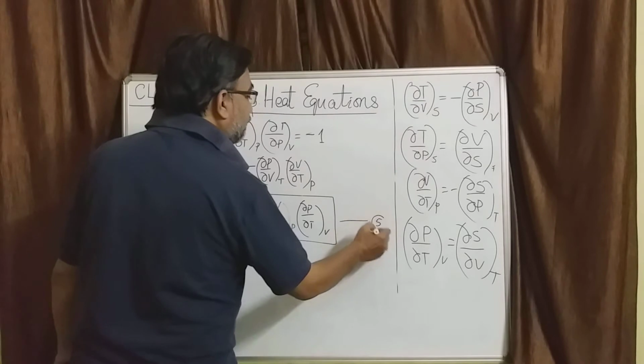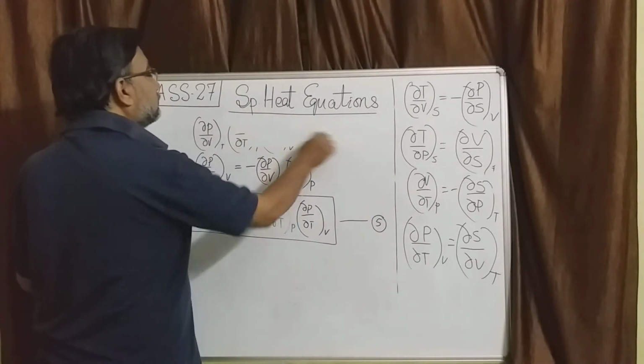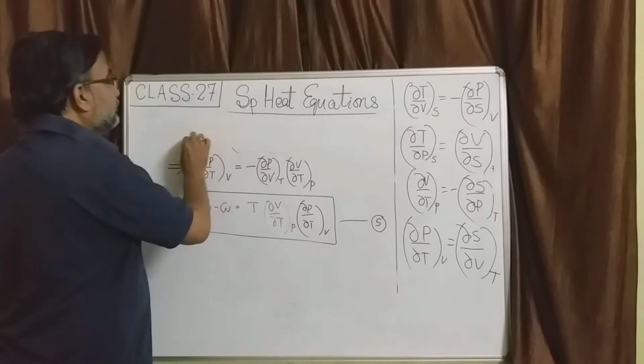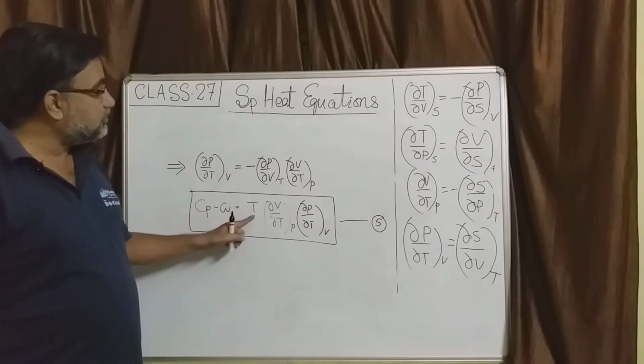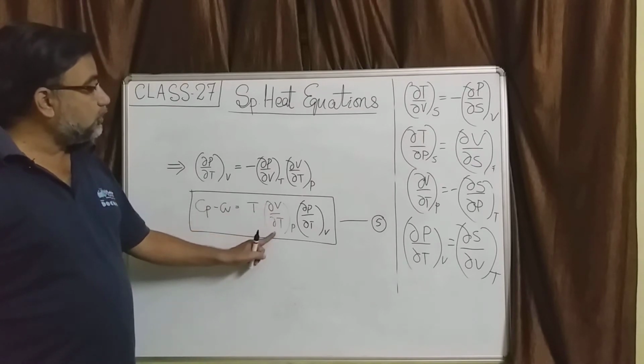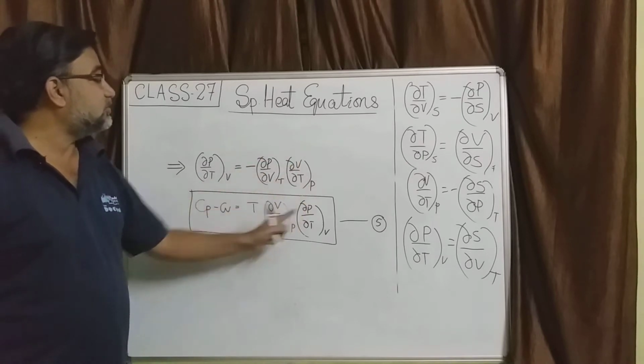Now we can write this equation. This is equation 5. So equation 5 can now be written as simply Cp minus Cv is equal to T del V del T at P, leaving that as it is, and in place of del P del T we can write this.